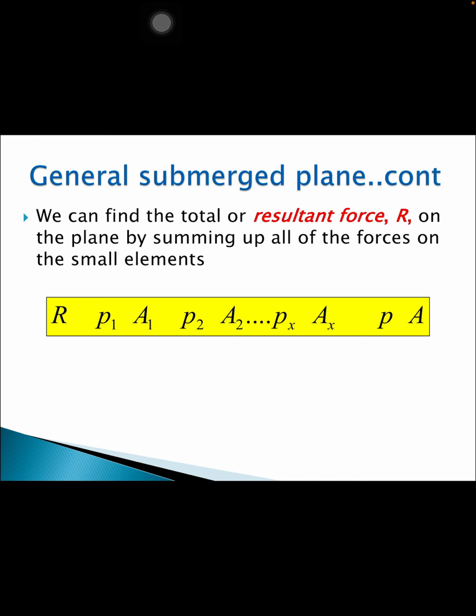In my class, I normally use FR, resultant force, equal to P1 A1 plus P2 A2 until Pi Ai. So the resultant force is the summing up of all the force on the small elements. So resultant force equals total PA. Okay, so we sum all the force on the elements.